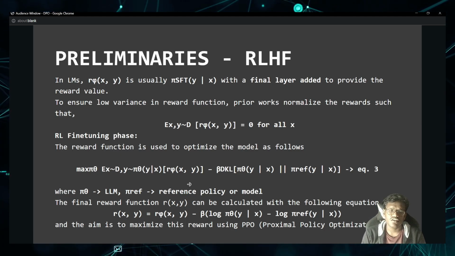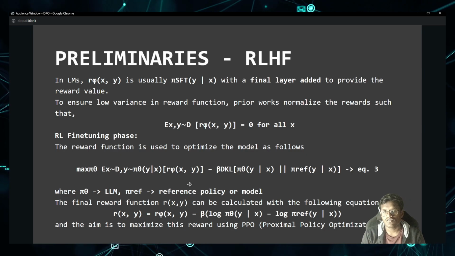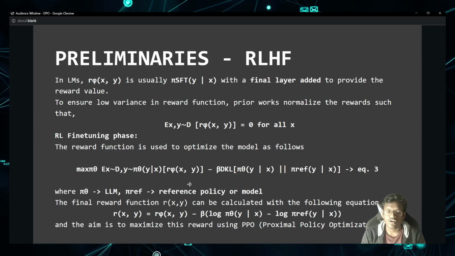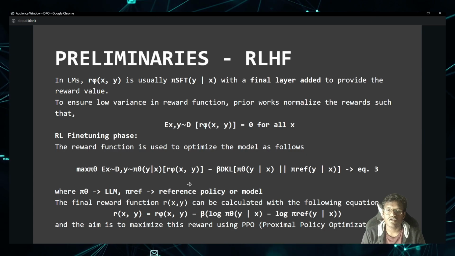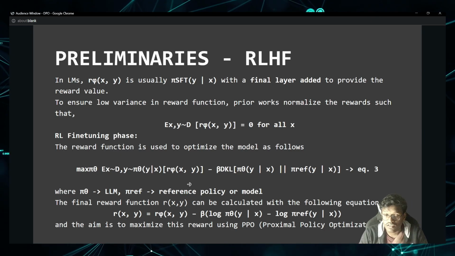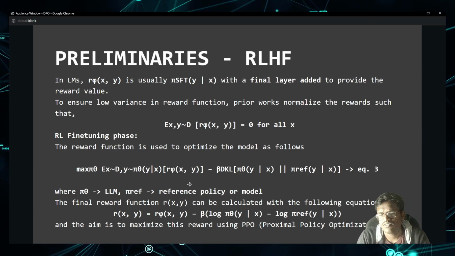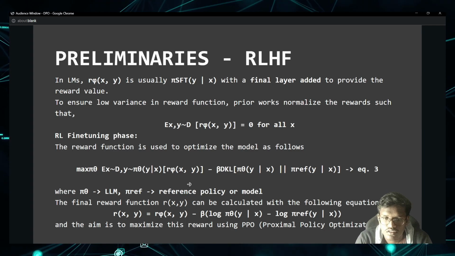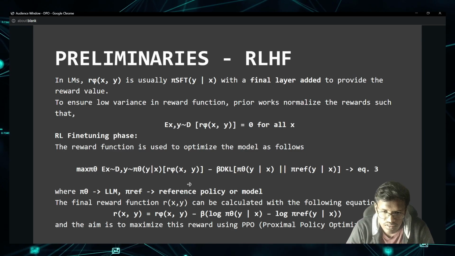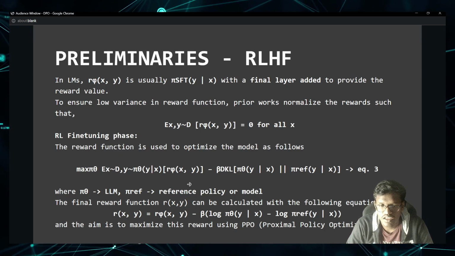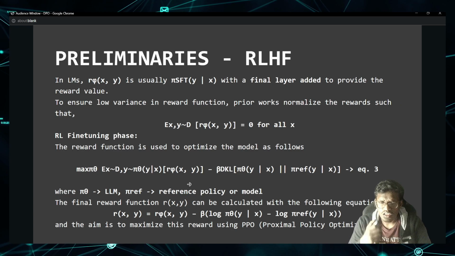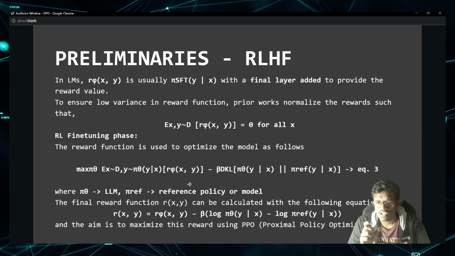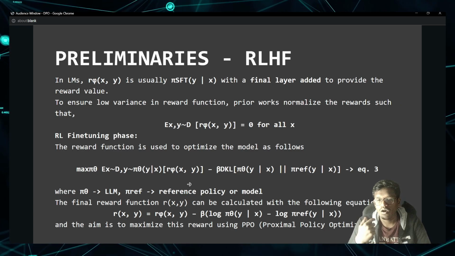It will be r phi of x comma y minus beta log of pi theta, conditional probability of y by x, and minus log of pi ref of conditional probability of y by x.